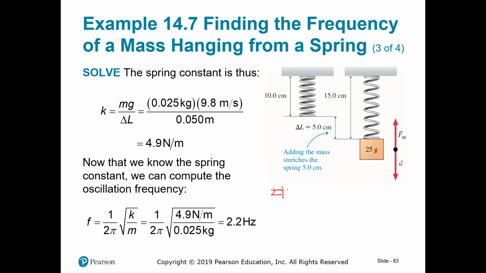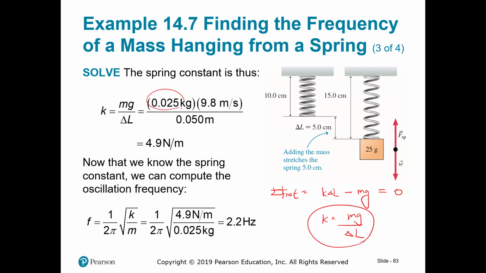So your net force is what? Spring force is acting upward, so it's positive, which is K delta L or Kx, right? And then the weight is a downward mg, and this is 0. So your K is mg over delta L, right?